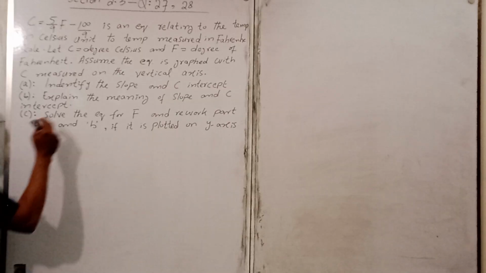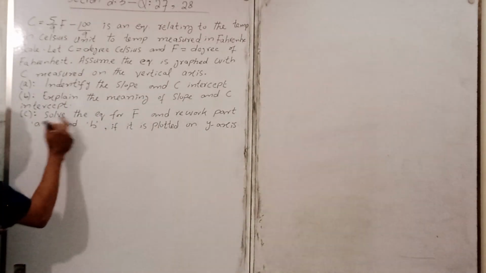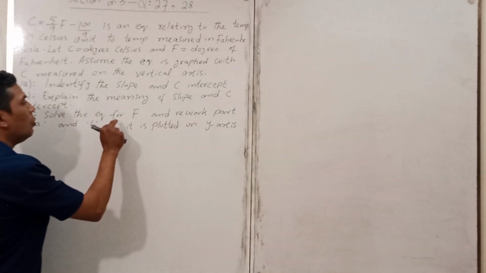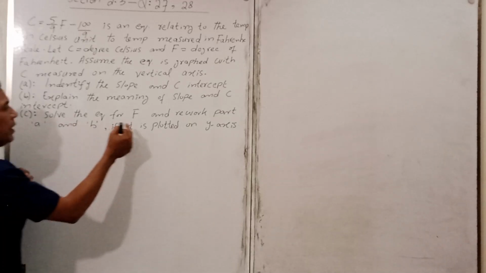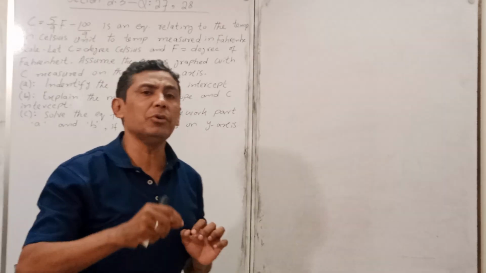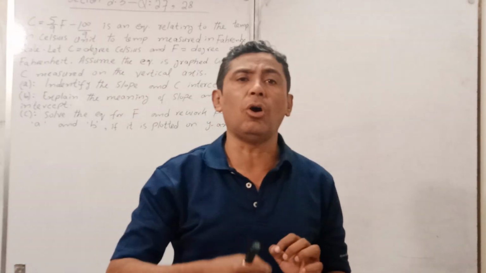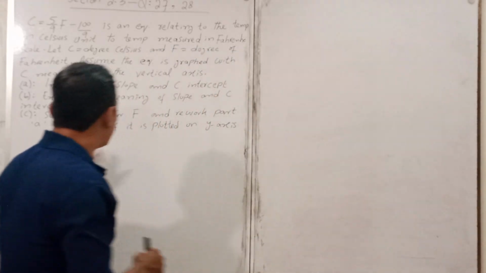The second part is to explain the meaning of slope and C intercept. Then solve this equation again for F and rework parts A and B if F is plotted on the y-axis. What does it mean? Now you have to measure Fahrenheit on the y-axis instead of the Celsius scale, as in part C.